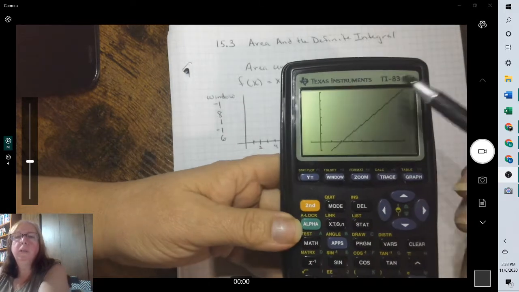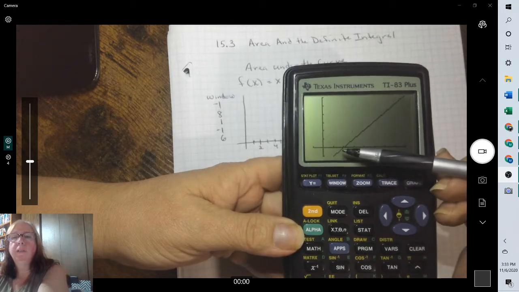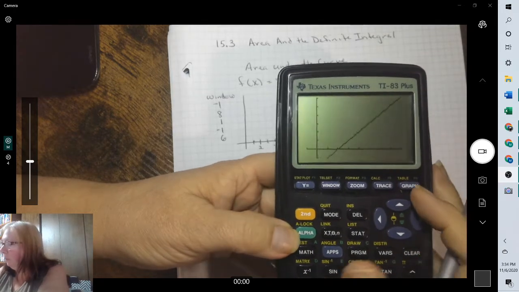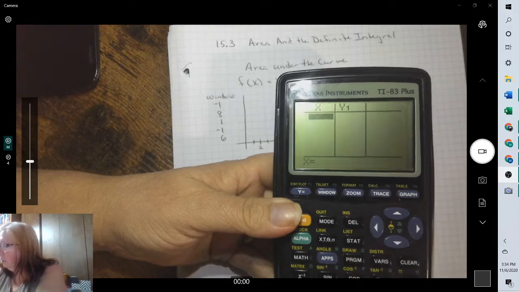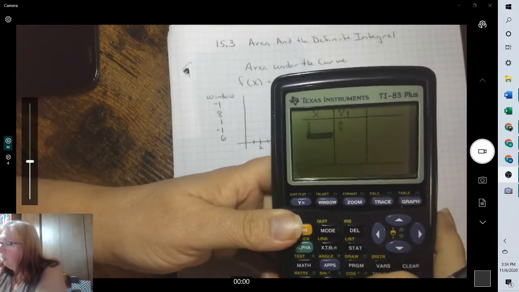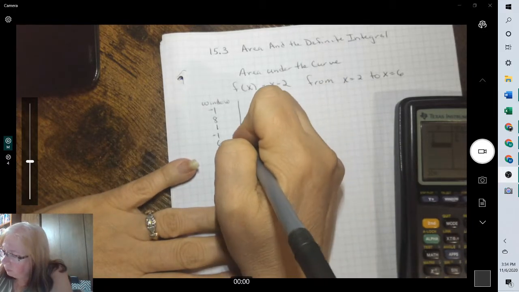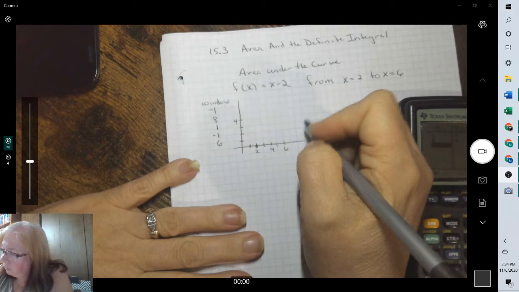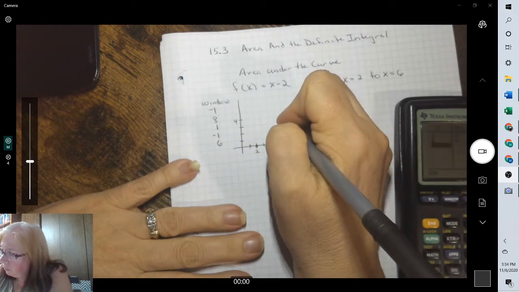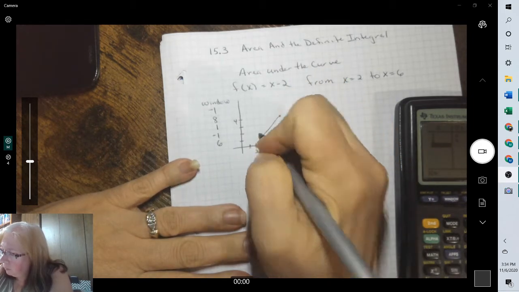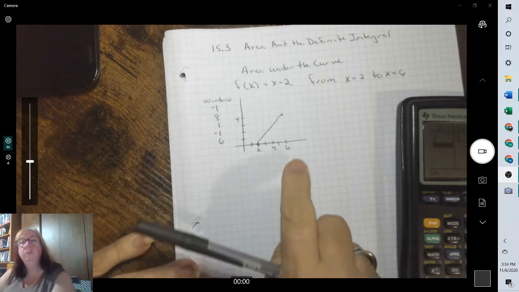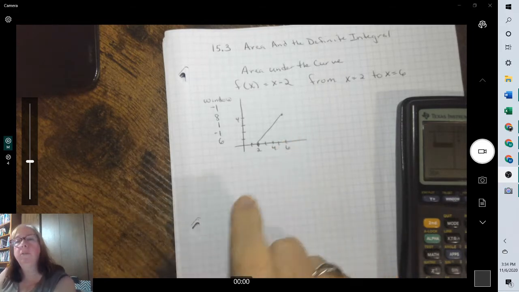You can see it crosses at 2. And at 6, we could go to the table and see where it's at. At 2, it's 0; at 6, it's 4. So 2, 0, and 6, 4. There's our line. So we're looking for this area under the curve.